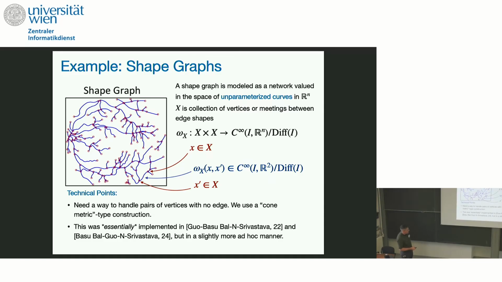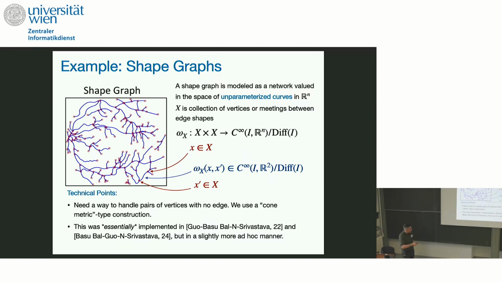Like I said, in these original papers we did on shape graphs, we weren't thinking about the Z-Gromov-Wasserstein distance. In fact, they inspired working on the Z-Gromov-Wasserstein distance as a way to formalize things. Everything that we did was a bit ad hoc in terms of computing geodesics and things like this.